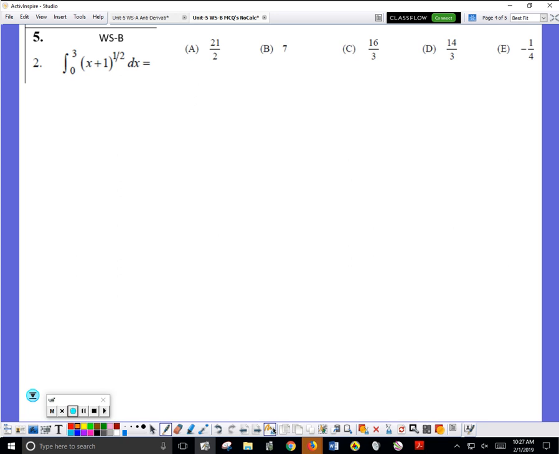If you change back to x, the limits have to stay x. Does that make sense? Oh, I see. I didn't switch it.